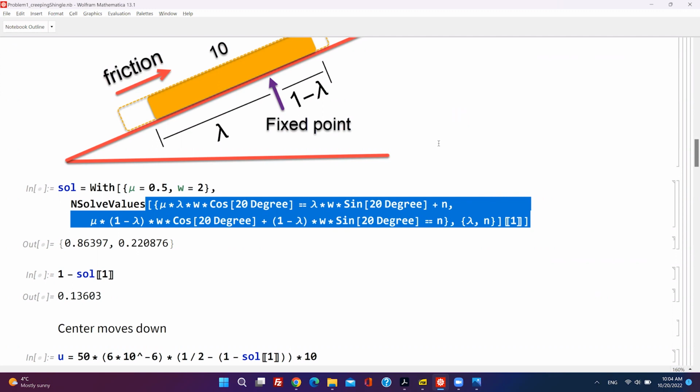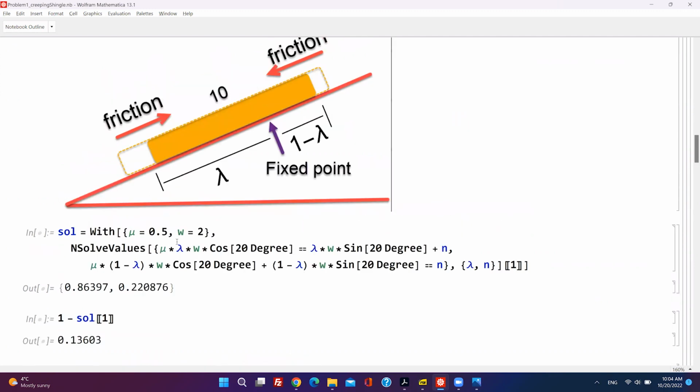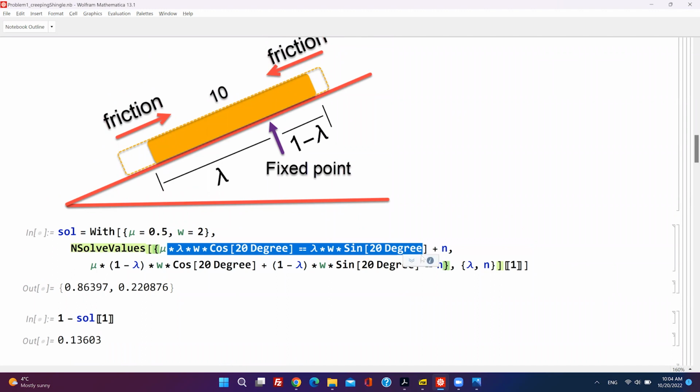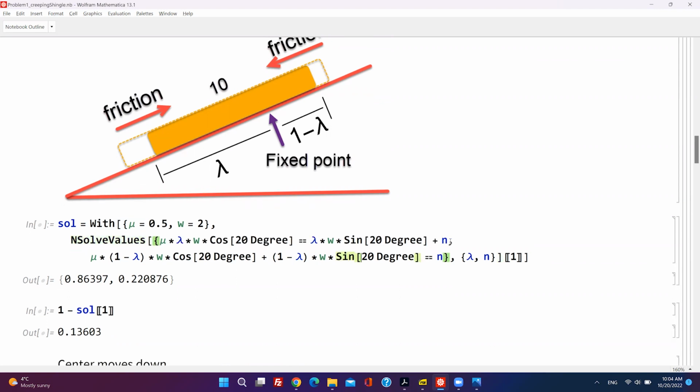You can set up a very simple force balance, because everything moves really slowly, so you can think of everything as being under a balanced force situation. In this case, N represents the force exerted from the fixed point, like a wall, on all the pieces, with a lambda length. You set up the force balance equation for the piece below the fixed point and above the fixed point.